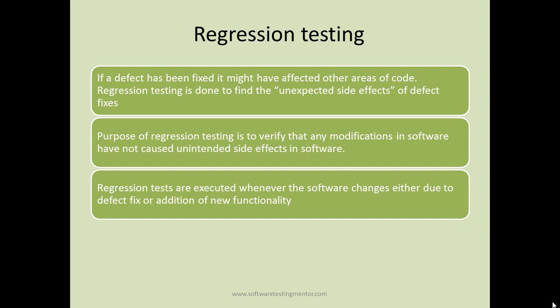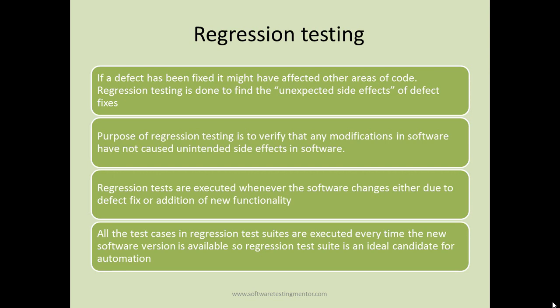So it's not like regression tests will be performed only when a defect fix is done. It can be done anytime, be it with the defect fix or there is addition of new functionality into the software. So regression tests are executed to make sure that there are no unintended side effects in the software by addition of new functionality or by fixing the defects.